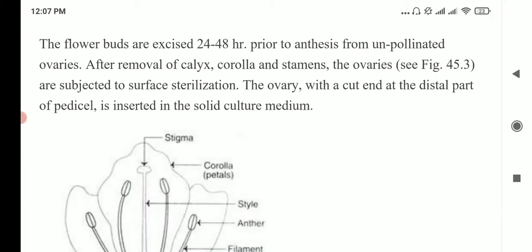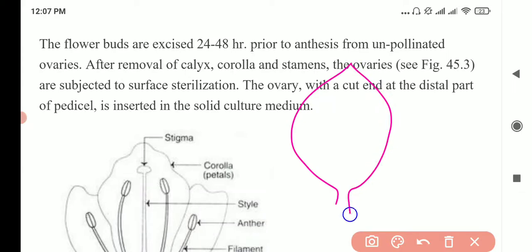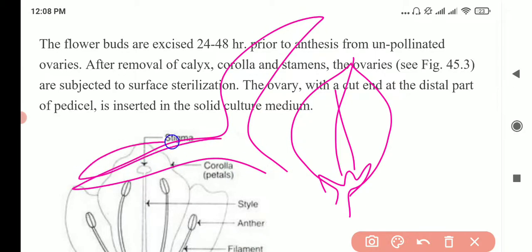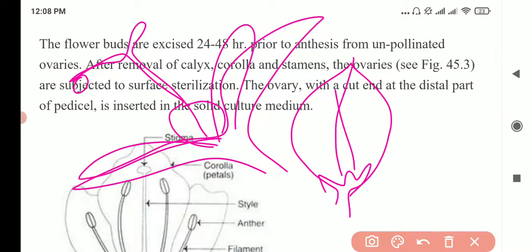So you take again the young flower buds, still a closed one. This is the calyx, this is the corolla. Still closed. Don't go for an open flower, because open flower means the style has received so many pollens.